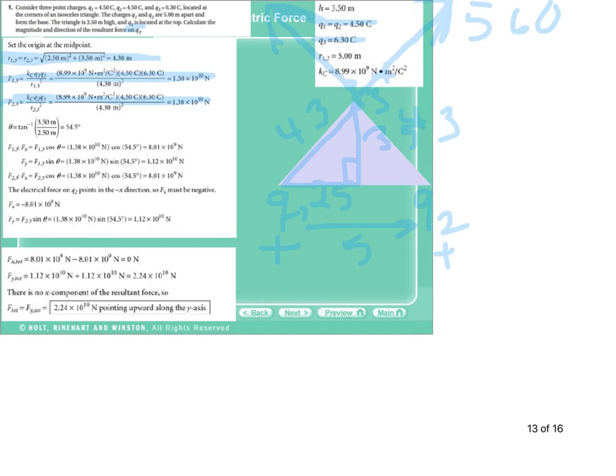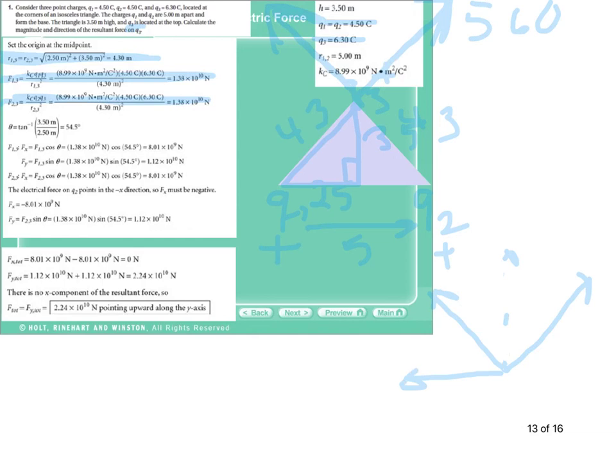So now we know that we have this force here, and we want to try to find the resultant. And the resultant is going to come right up the middle. If we're going to try to find that resultant, we want to break both of these two forces down into their components.